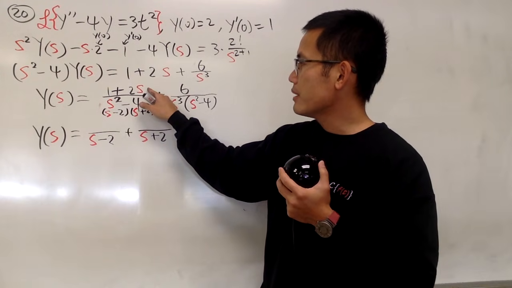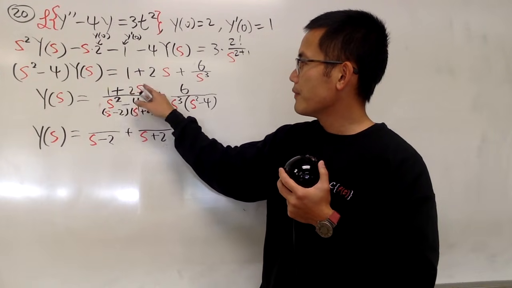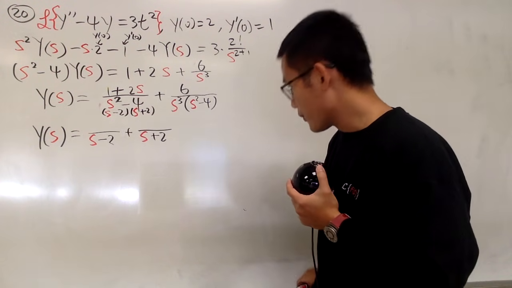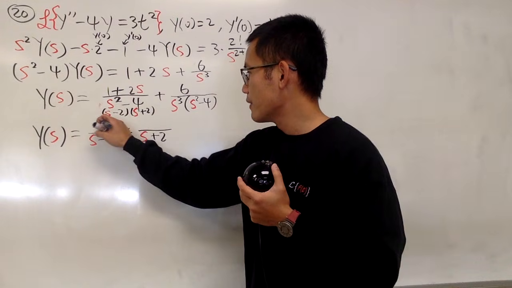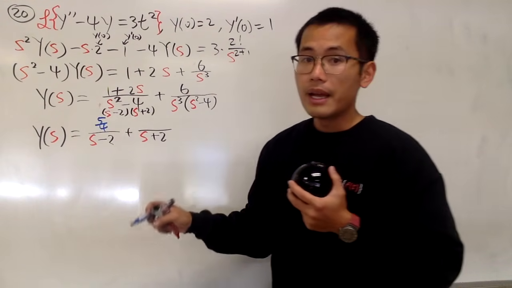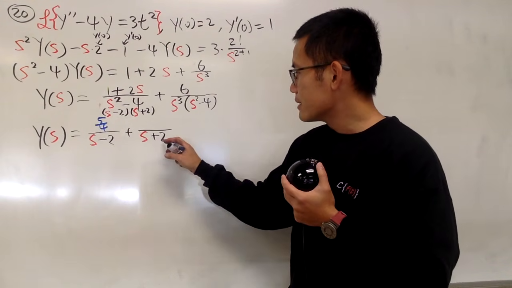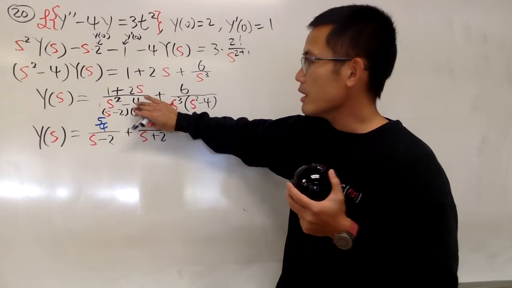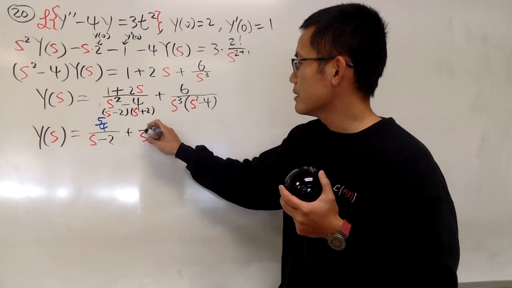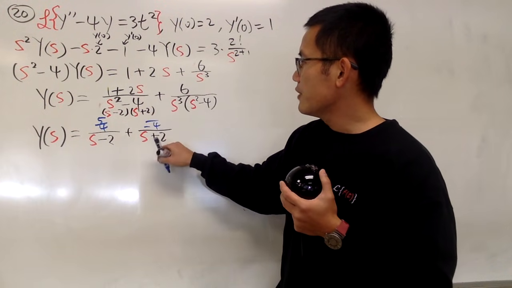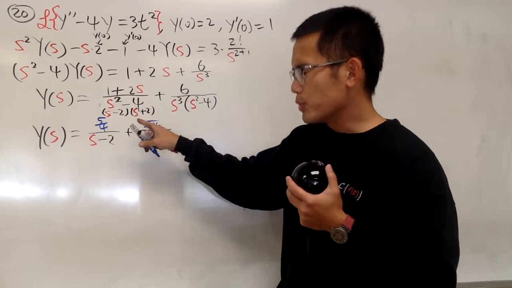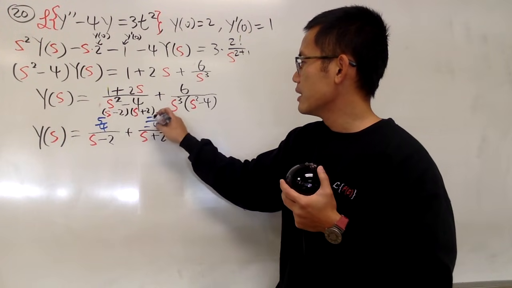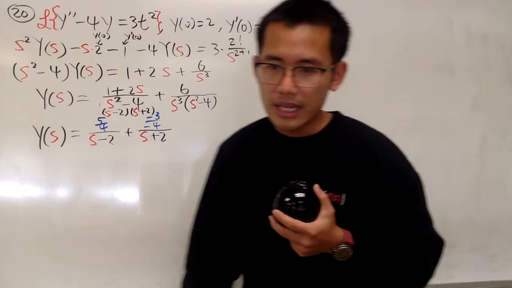Put it right here, so you have 4 plus 1 is 5 over 4. So it's 5 over 4. So let me just put this down right here, 5 over 4. And then here is s plus 2, so you cover this up, you let s equal negative 2. So you get negative 4 on the bottom. You put negative 2, so you get negative 4, and then 1 minus 2 is negative 3. Yeah, so it's like that.